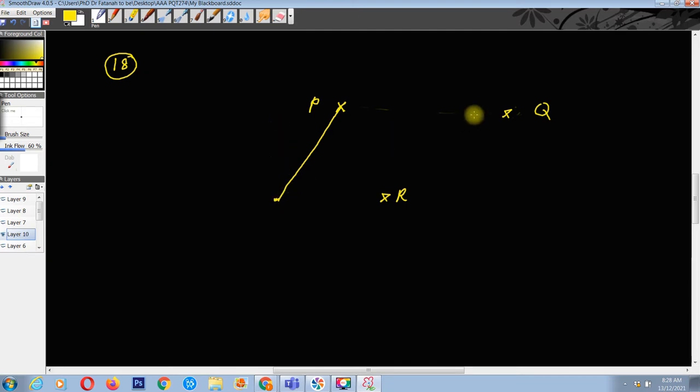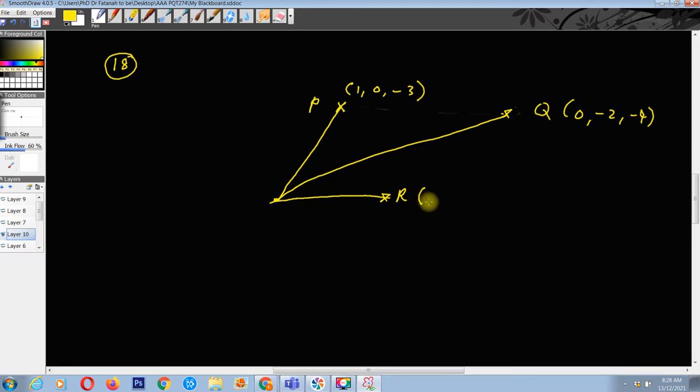This is from 0. So this is 1, 0, -3, and then we have 0, -2, -4. R, we have R 4, 1, 6.